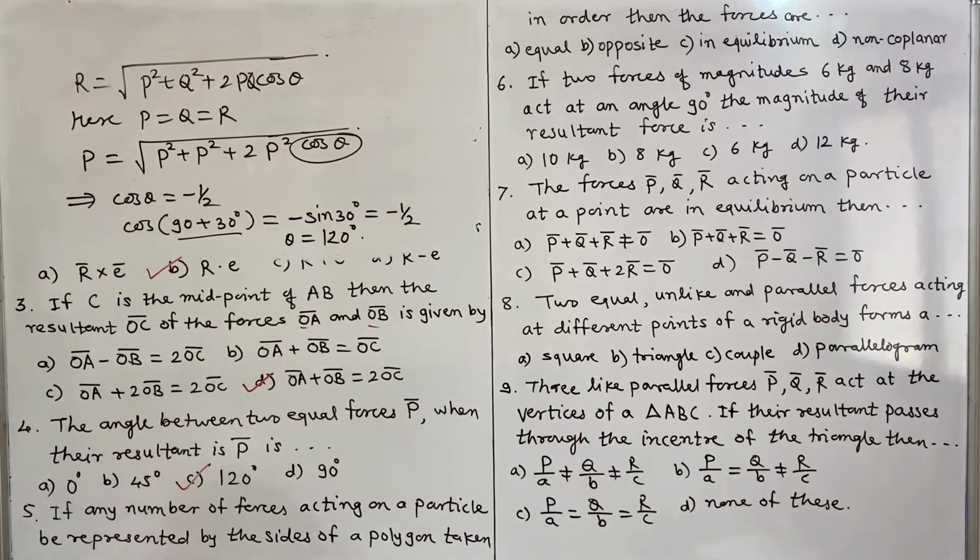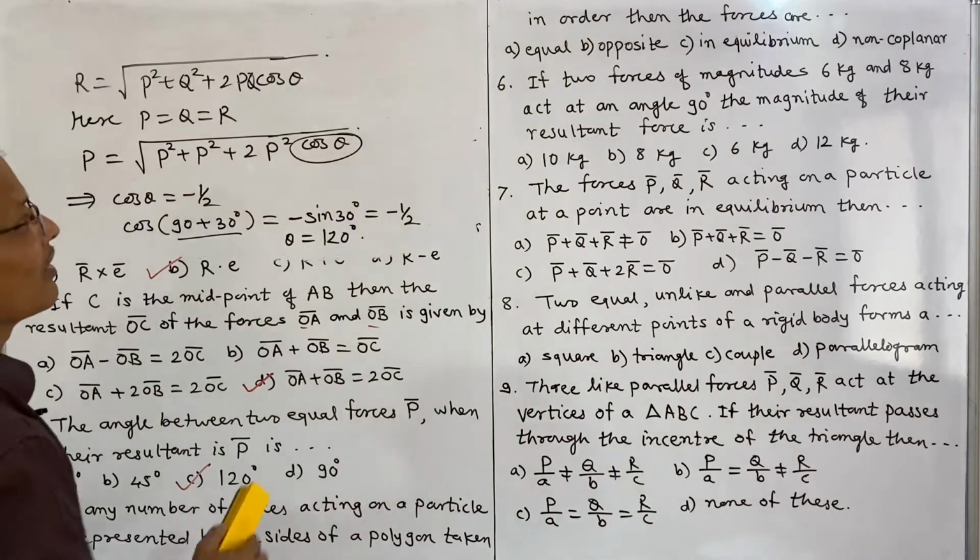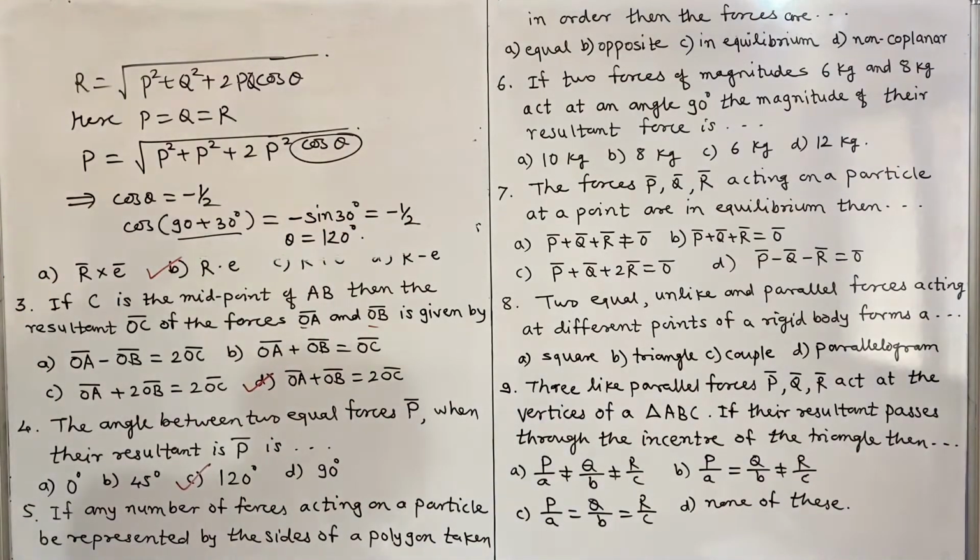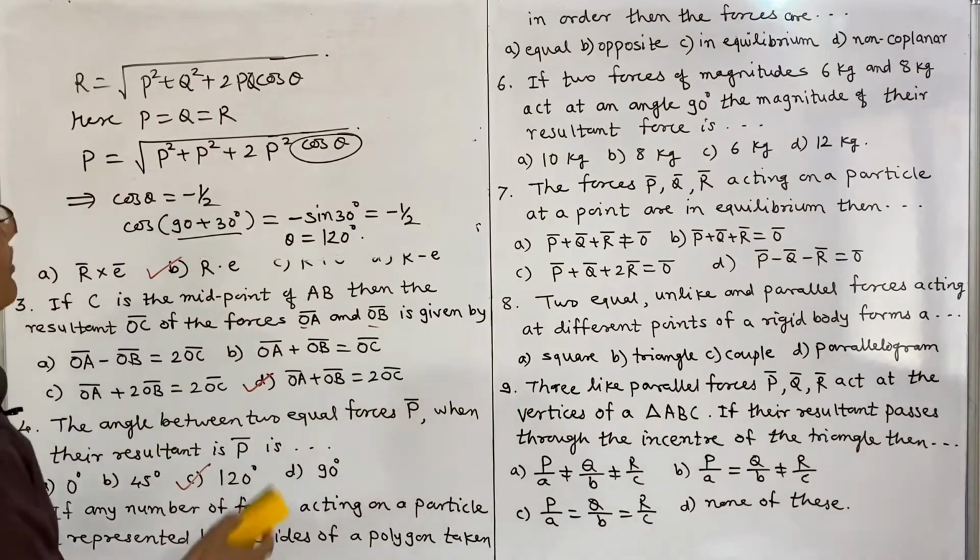Next one: if any number of forces acting on a particle are represented by the sides of a polygon taken in order, then the forces are what kind of forces? Equal, opposite, in equilibrium, non-coplanar.